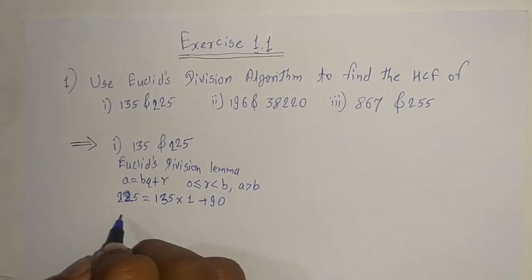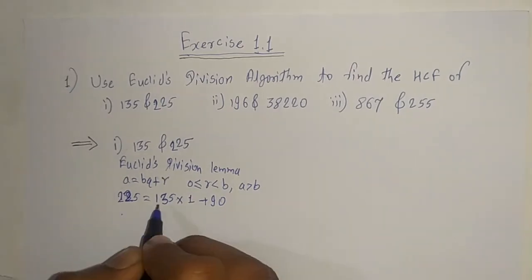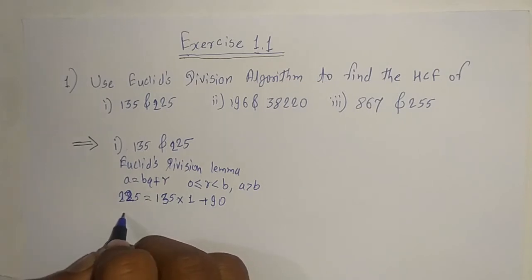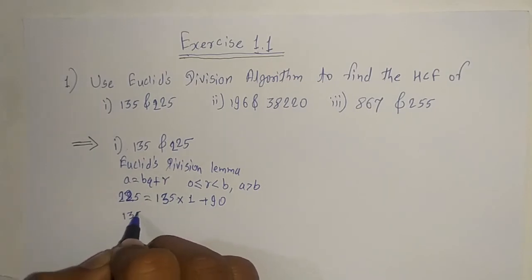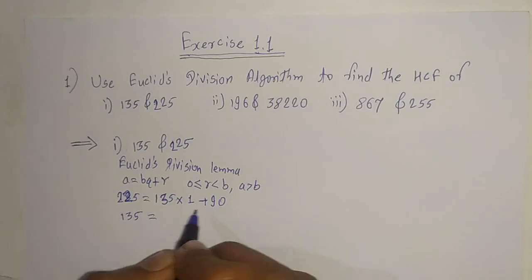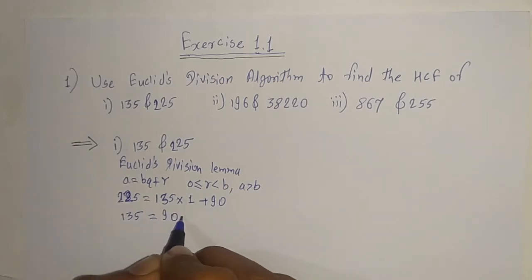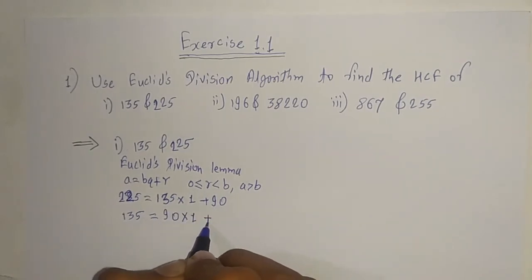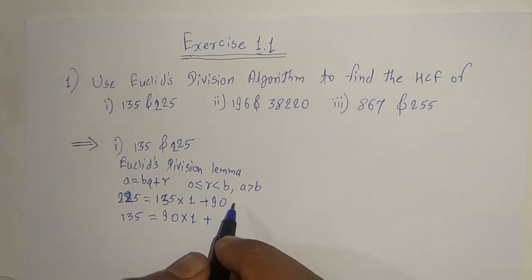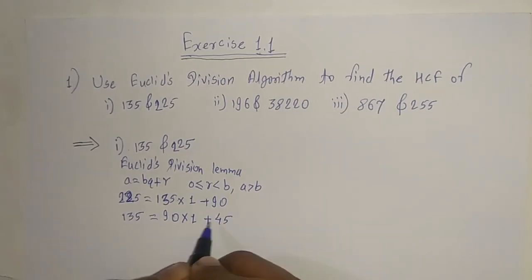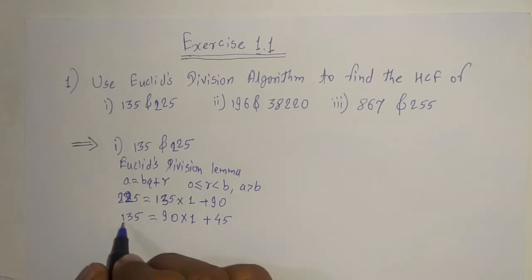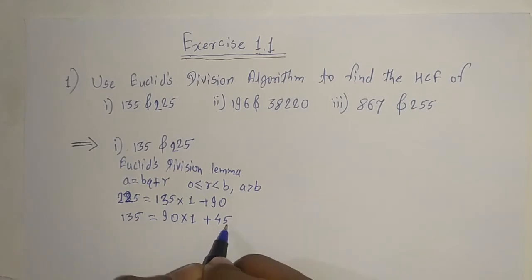So in next step, our dividend becomes the divisor of previous step. 135 equal to remainder becomes divisor 90 into 1 plus what will be the remainder? It will be 45. 90 into 1, 90. 135 minus 90, it will be 45.